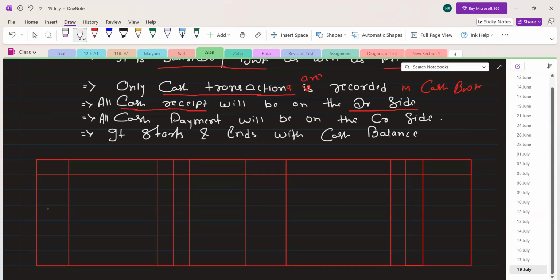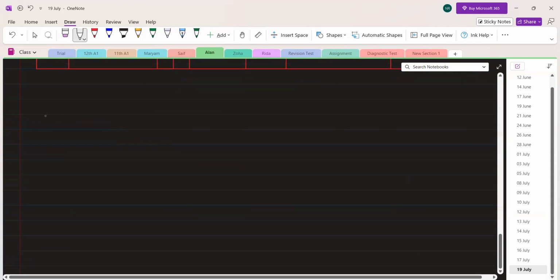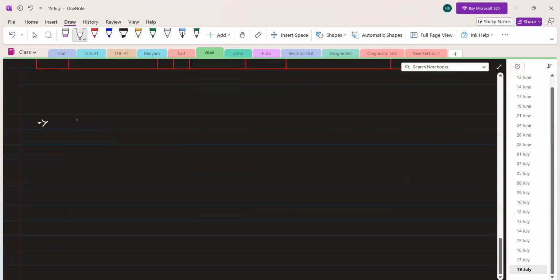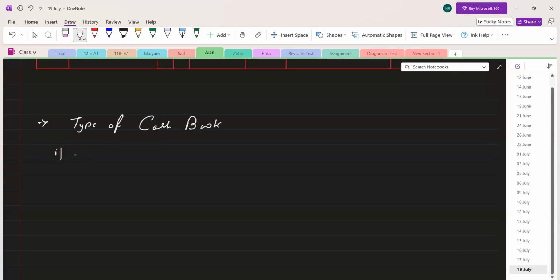Okay, so I'm taking one example. There are three types of cash book that we prepare. One is called single column cash book.